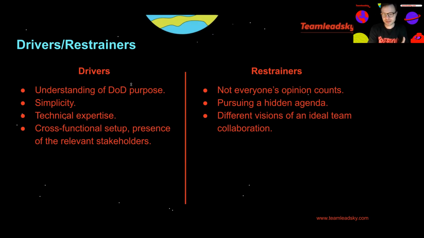So, different visions of an ideal team collaboration. What do I mean here? Well, everyone has a different understanding of what's the best way for the team members to work together. Someone wants to communicate with the stakeholders a lot.